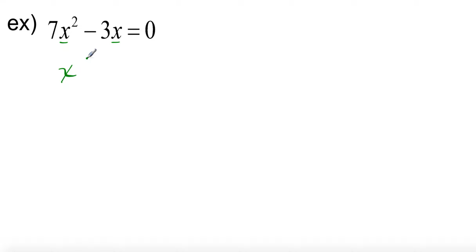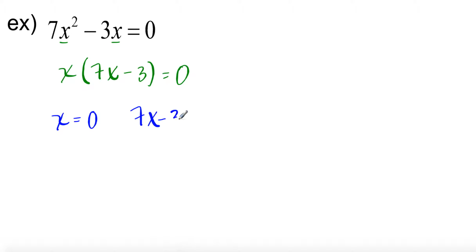Factor out the x, leaving me with 7x minus 3. x times 7x minus 3 equals 0. Then you set your factors equal to 0: x equals 0, and 7x minus 3 is equal to 0. x equals 0 is solved.